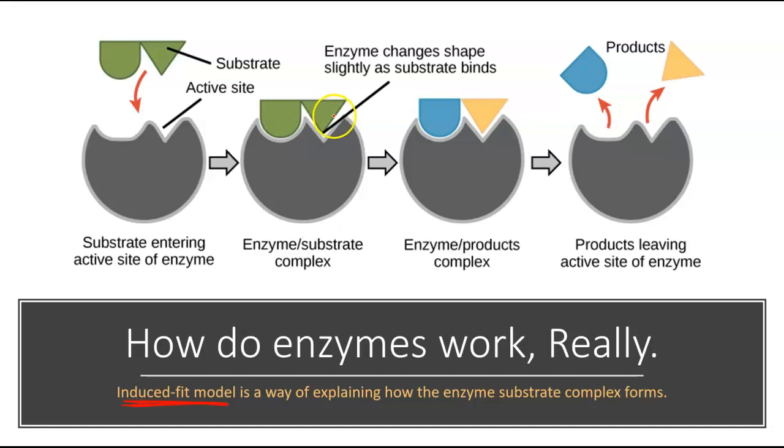The substrate is going to change slightly the enzyme active site shape to accommodate the shape of the substrate. And so the enzyme is going to bond to the substrate. It's going to form the enzyme substrate complex through an induced fit.